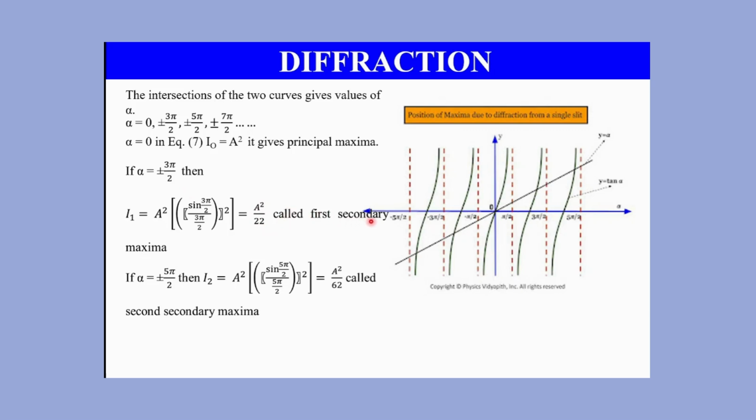This is called the first secondary maxima. In a similar way, now substitute alpha is equal to plus or minus 5 pi by 2. We get I2 is equal to A square into (sin 5 pi by 2 divided by 5 pi by 2) whole square. By simplifying this term, we will get A square by 61. It is called the second secondary maxima.